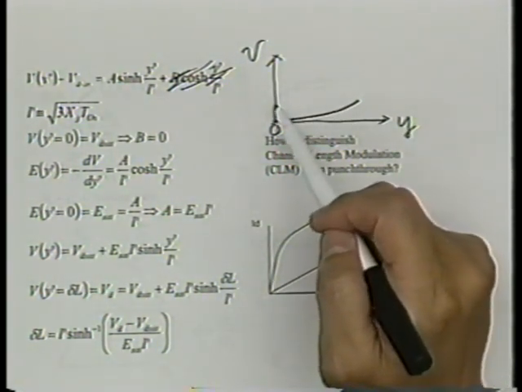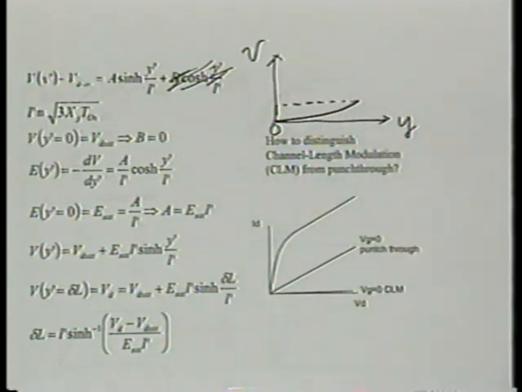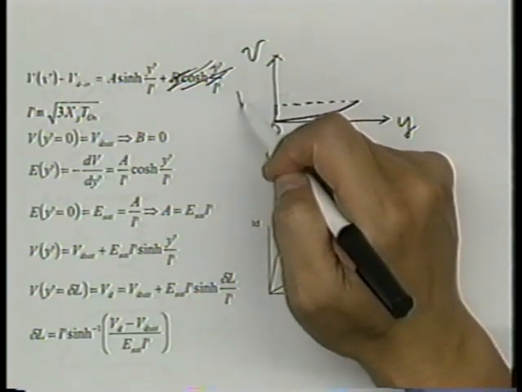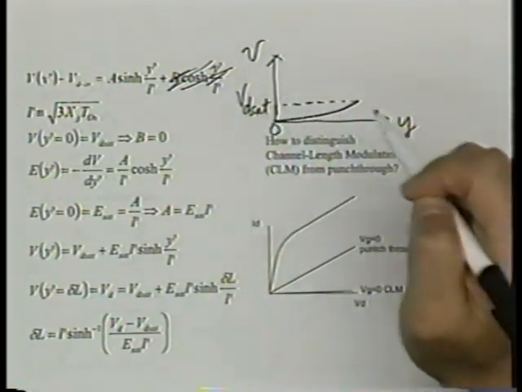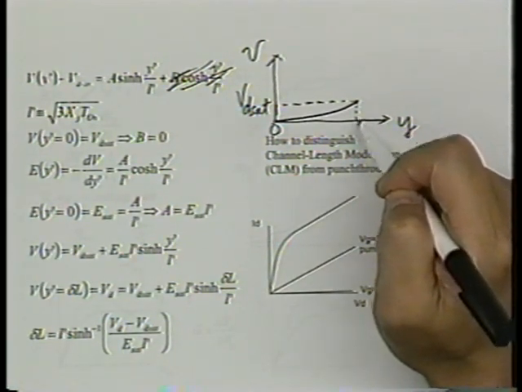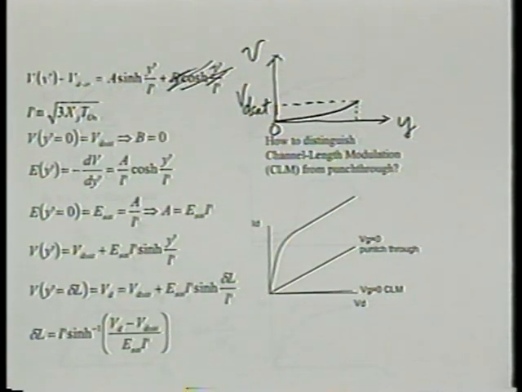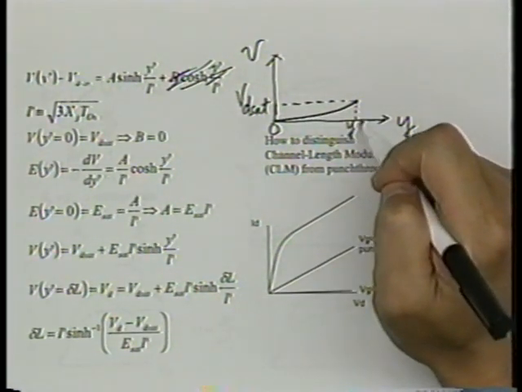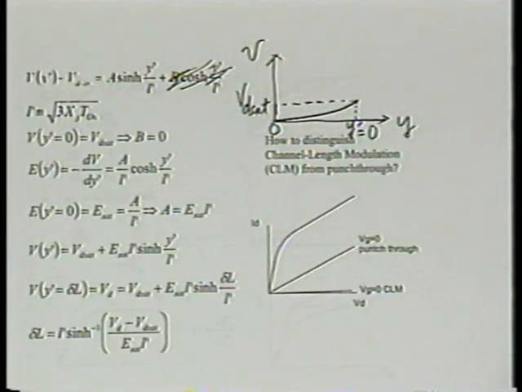Up to a point, we start the pinch-off region. At that point, what is V equal to? Very good, VD sat. And at that point, using today's coordinate, what is Y prime equal to? This point is called Y prime equal to 0. Very good. Thank you very much.